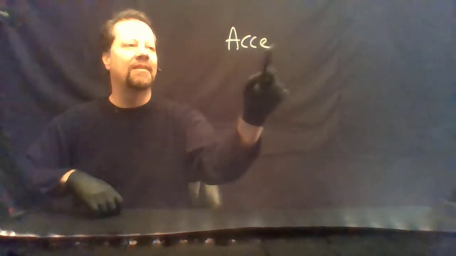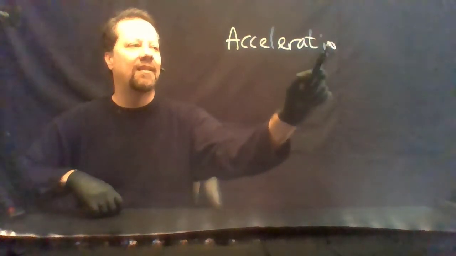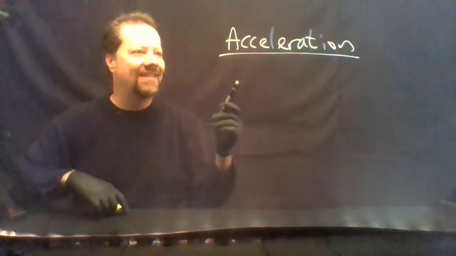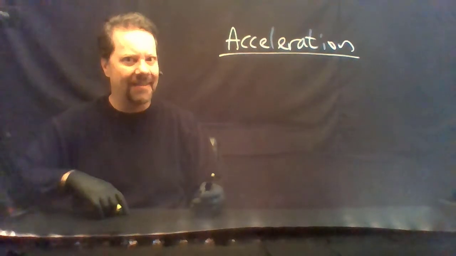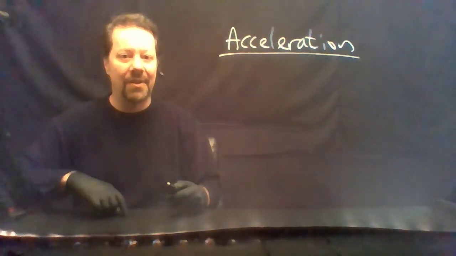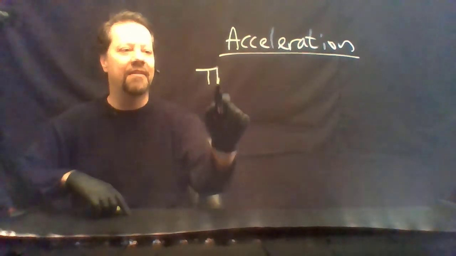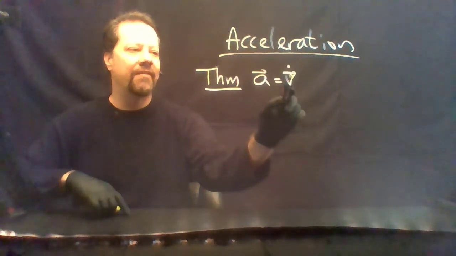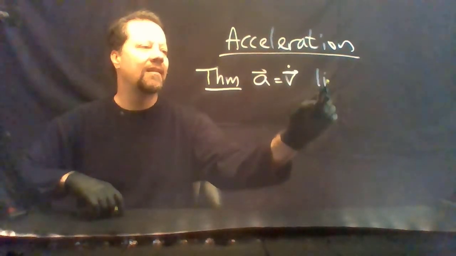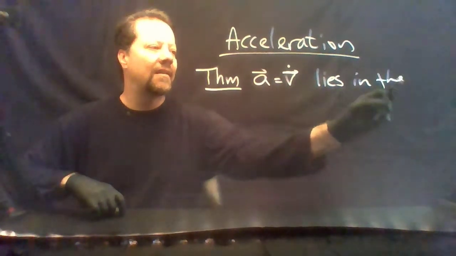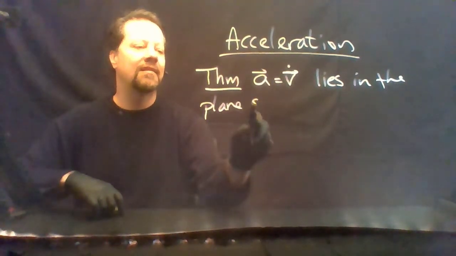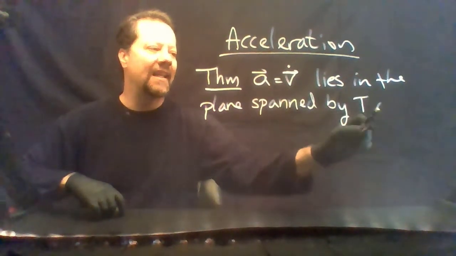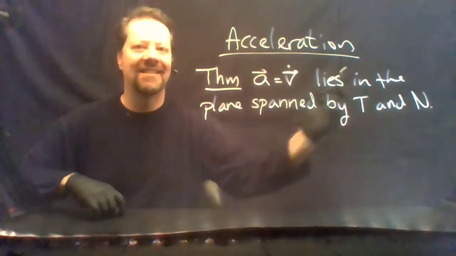I now want to talk about acceleration, given this new context of the T N B frame. This will have something to say about acceleration, believe it or not, and it's something I think you'll want to know. In particular, we have a theorem. The acceleration vector, which is the derivative of v, lies in the plane spanned by t and n.